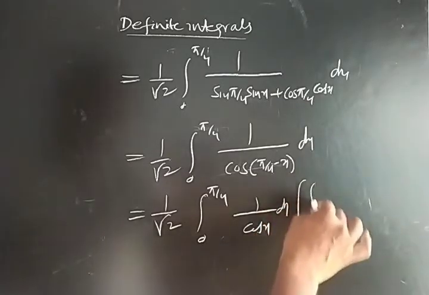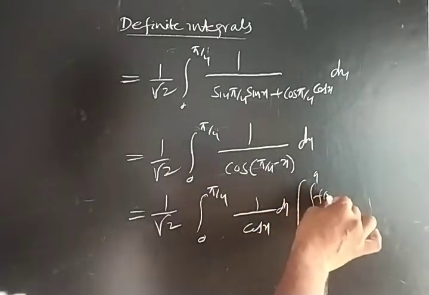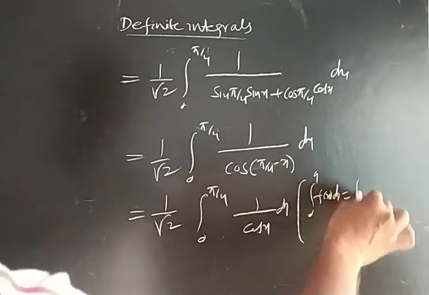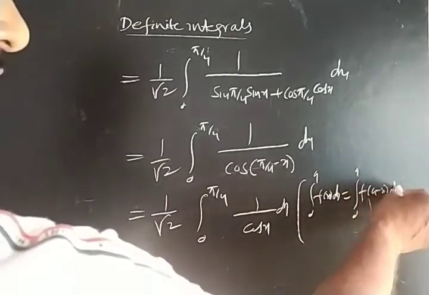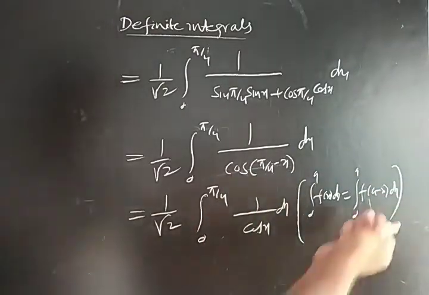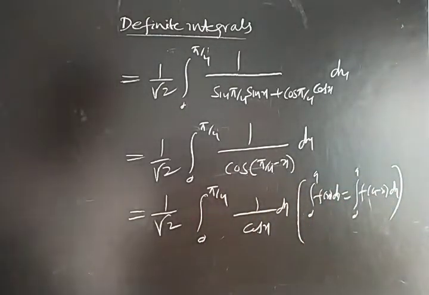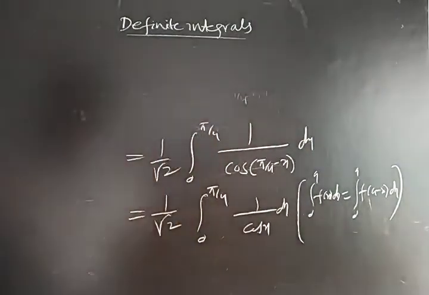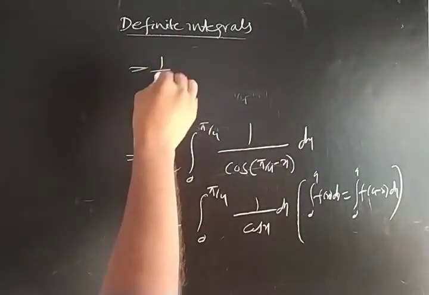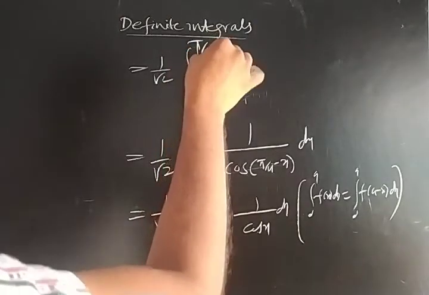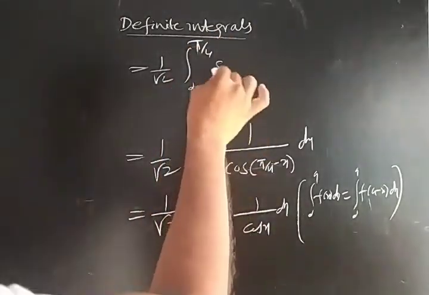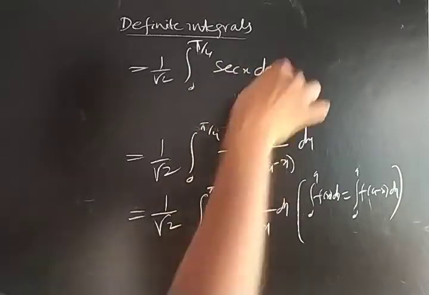Because we know 0 to a f of x dx we can write as integration 0 to a f of a minus x dx. So this is a minus x form, so I am converting into f of x form. So 1 by cos x, integration of 1 by cos x means I am converting this into denominator, numerator. 1 by cos x is secant x dx.